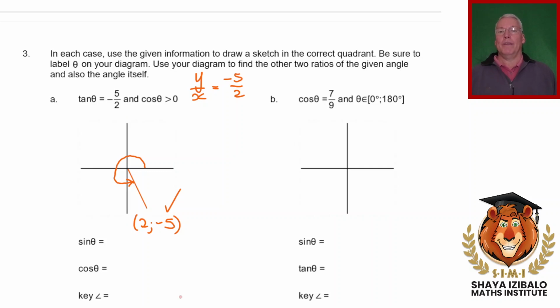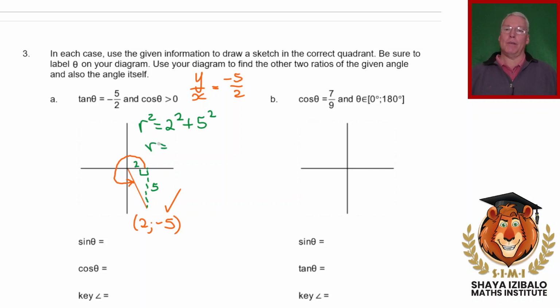Now the question asks us to find the sine of this angle. We can't find the sine of this angle without first working out our r value. Our r value is easy to work out because we can use Pythagoras. This length is 5, this length is 2, and this is a right angled triangle. So r squared is 2 squared plus 5 squared, which is 29.